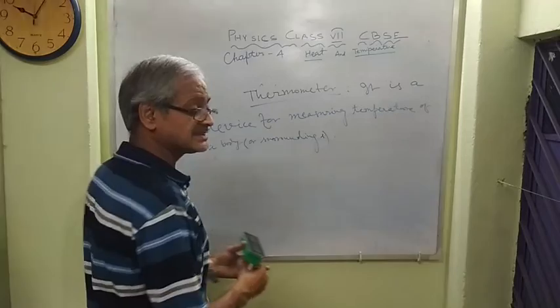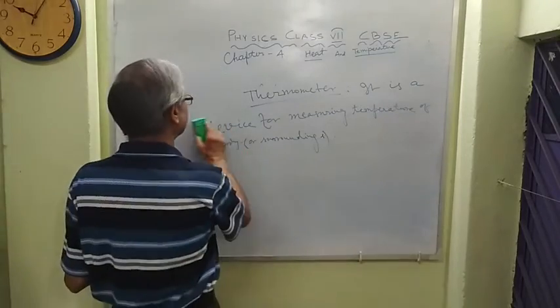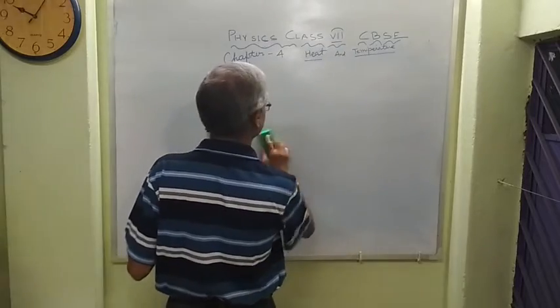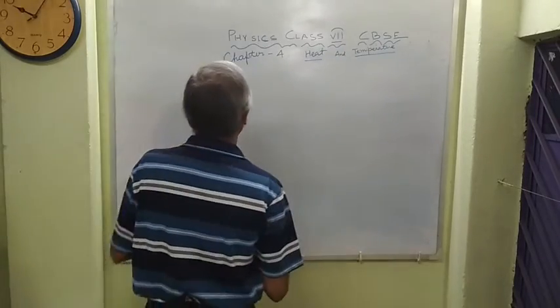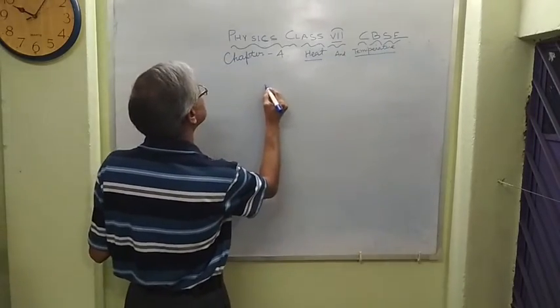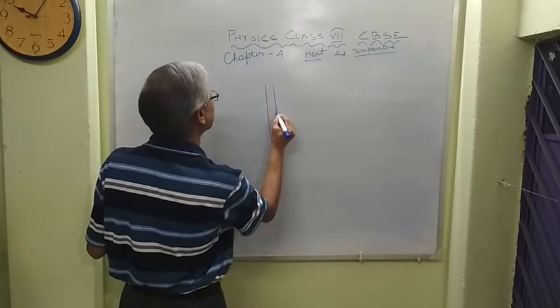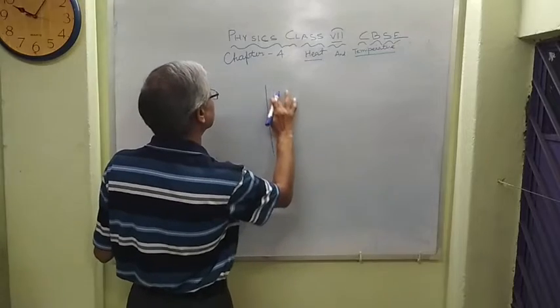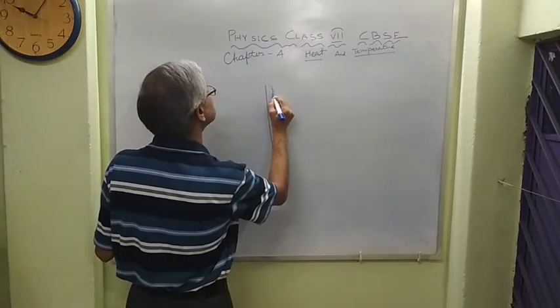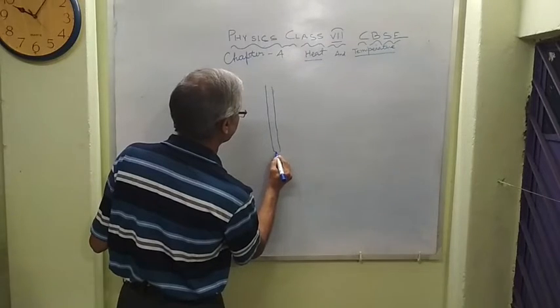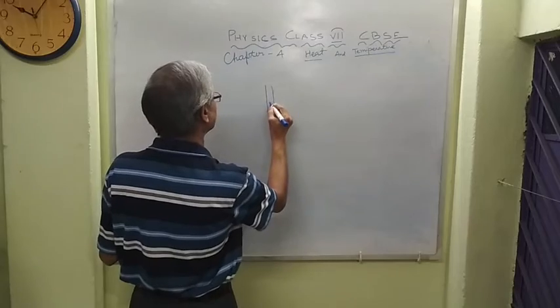Now, we discuss the Celsius scale of temperature in a very lucid way. This is the Celsius scale of temperature. That is the thermometer, calibrated in Celsius degrees. A glass tube having a fine bore.